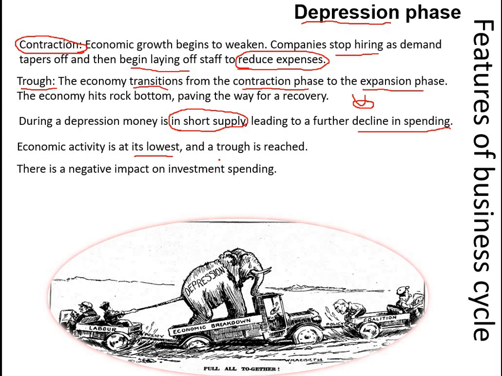If you're at your lowest mood, you can't do anything, cannot make a decision. So there's a negative impact on investment and spending. People don't want to spend. So if people don't spend, if there's this negative impact, that simply means the multiplier is affected in this particular category.